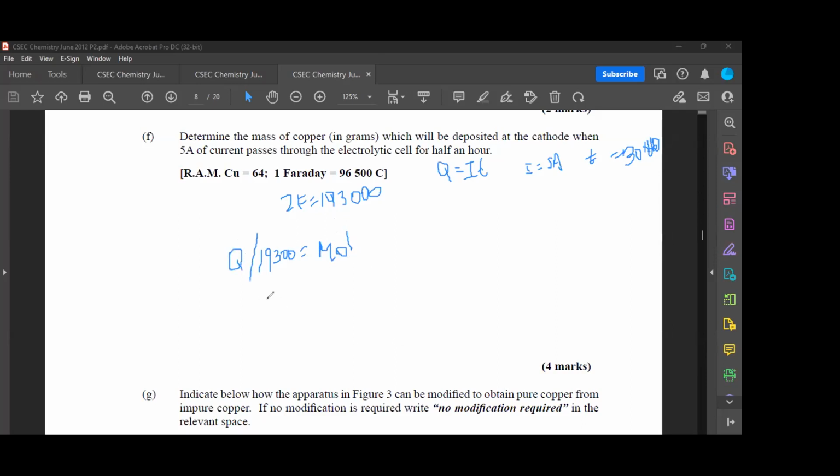All right, so to get mass, it is moles times the relative atomic mass because it is only an atom, which is, they give you 64, and that will give you the mass in grams. You will see it work out. I'm just walking you through the steps.